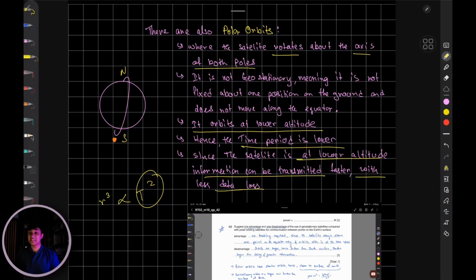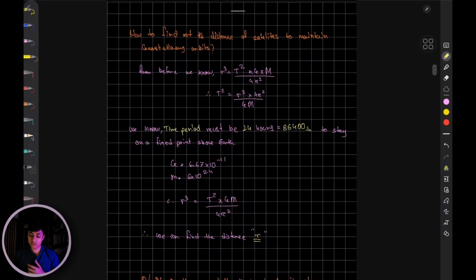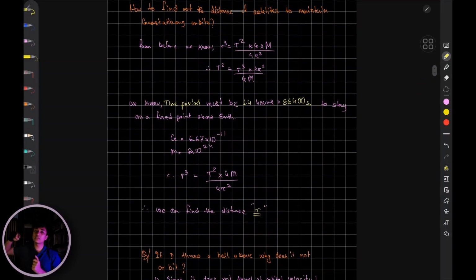Now the benefit of this is, since the satellite is at a lower orbit, you can transmit the information a bit faster, since it doesn't take as long to reach that altitude above Earth's surface. In case of equatorial orbit, we saw that it needs to be at a certain height above the Earth's surface to maintain that orbit.